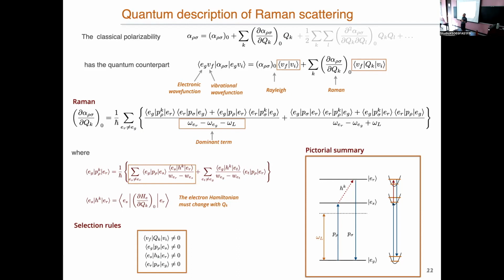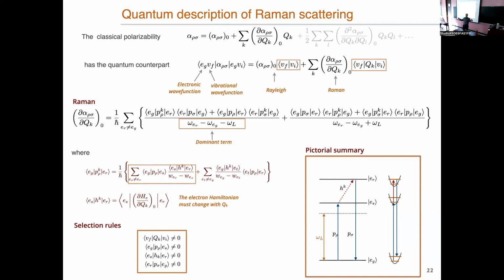Now, the polarizability of the material can be thought of as something static, but in fact, all the excitations that can exist in the solid state will modulate this polarizability at particular frequencies. So when you have the product of two quantities that oscillate in time, you will generate new frequencies.